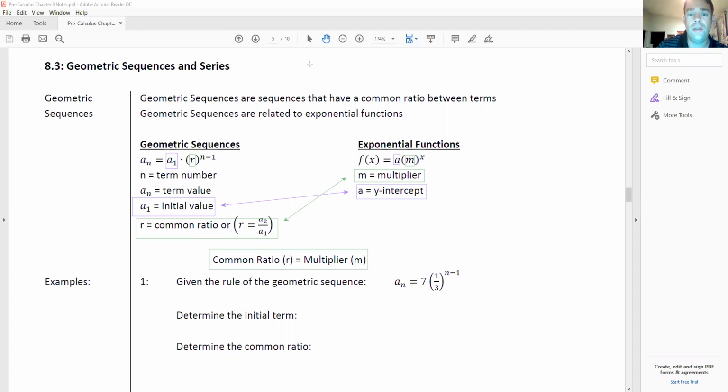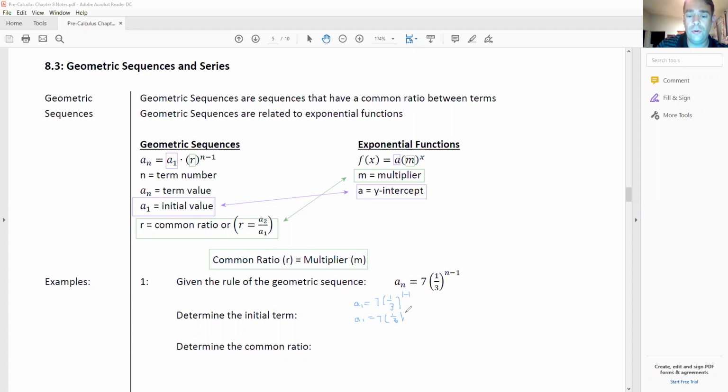If we look at this first problem, if I wanted to find that initial term, all I'm really asking you to do is, when you plug 1 in, what do you get? So if I plug 1 into my sequence rule, what value would I get? 1 minus 1 is 0, and we have 7 times 1/3 to the 0 power.